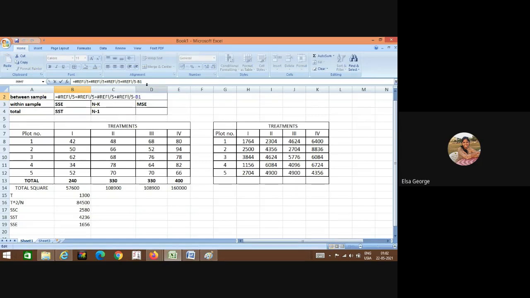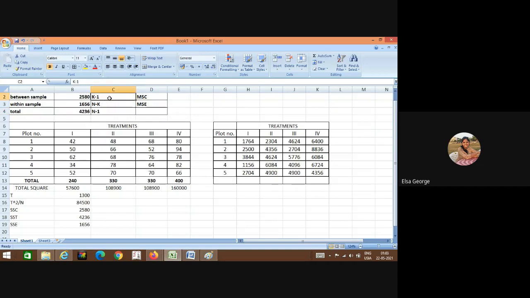SSC is 2580. Then the next one, SSE, which we already found out, is 1656. Then SST is 4236, right?